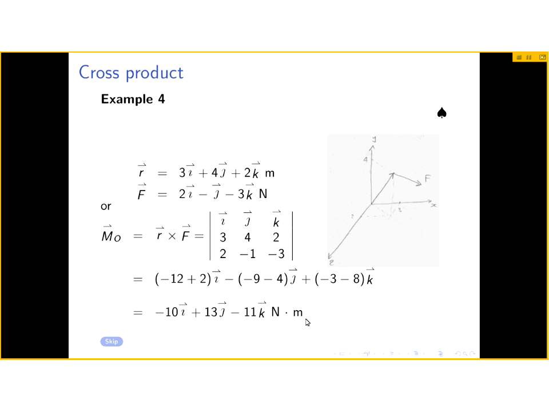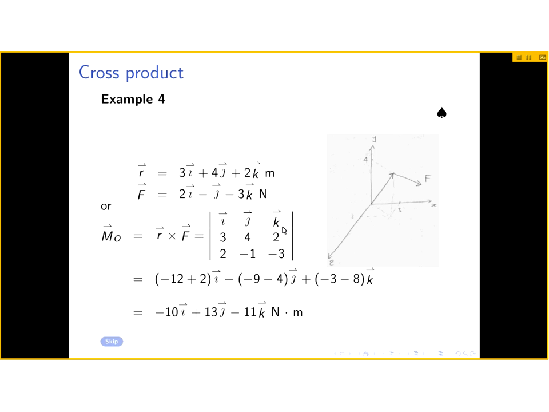I'd like to just mention a warning here. If you write something like this in the test and exam, it will be fully valid and fully accepted. But what I've often seen in the past is that students try to express the cross product with this determinant, but then they leave out this first row, i, j, and k, as if the reader should just fill it in his mind's eye.